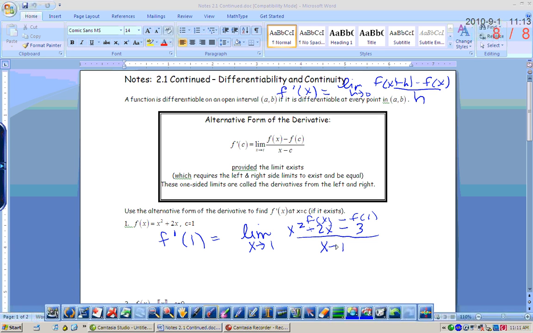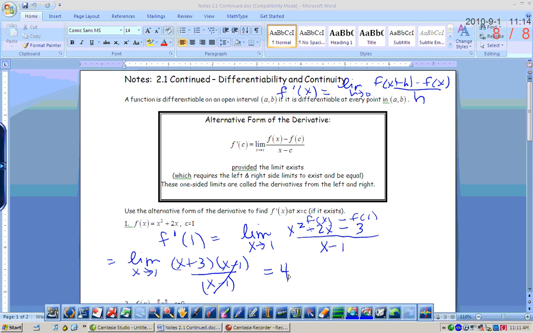Okay, now if I plug in 1, I get 0 over 0. But what do you think I can do to this to help me out? Factor. So the limit as x approaches 1 is going to factor into x plus 3, x minus 1, over x minus 1, and the x minus 1's cancel.